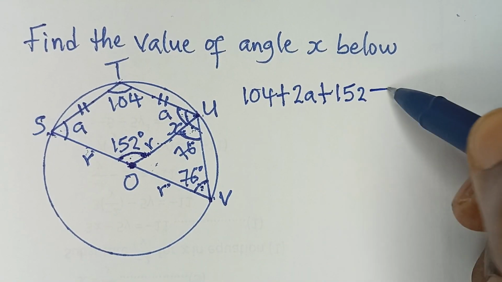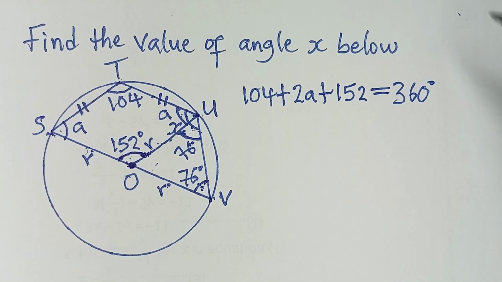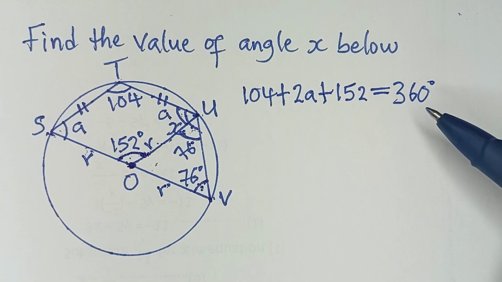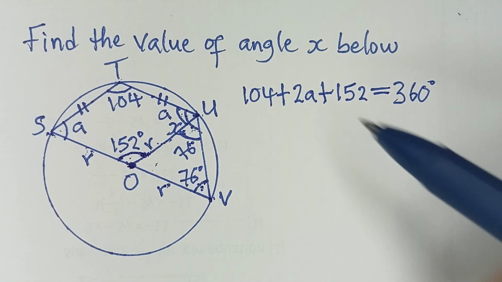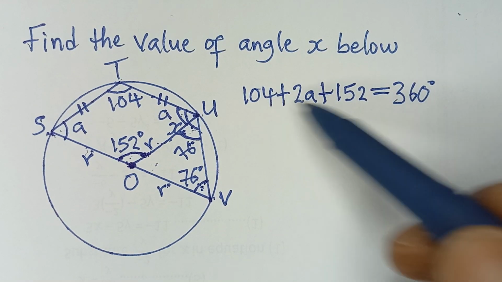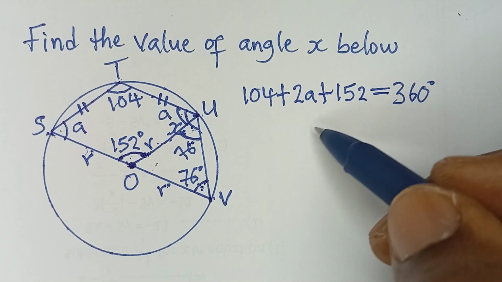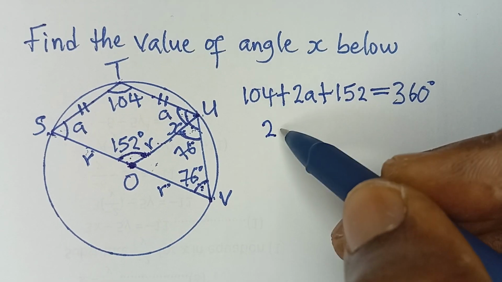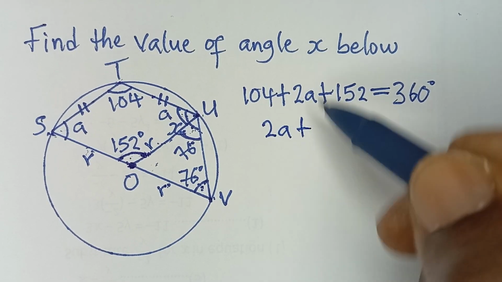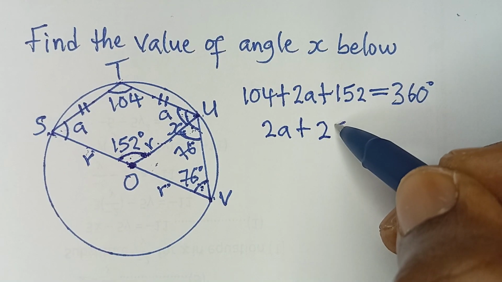And everything is supposed to add up to 360 degrees. That is sum of angle in a quadrilateral is 360. So now 104 plus 152 is going to give us 256. So this 2A, I can write it here, 2A plus this is going to give me 256.